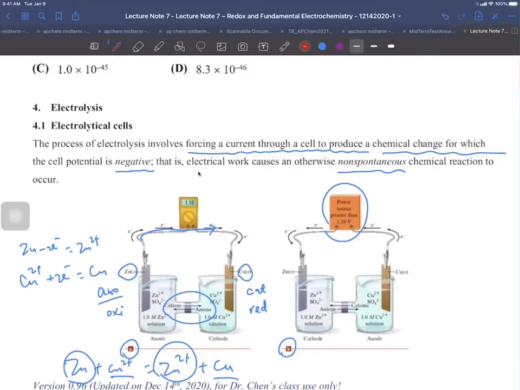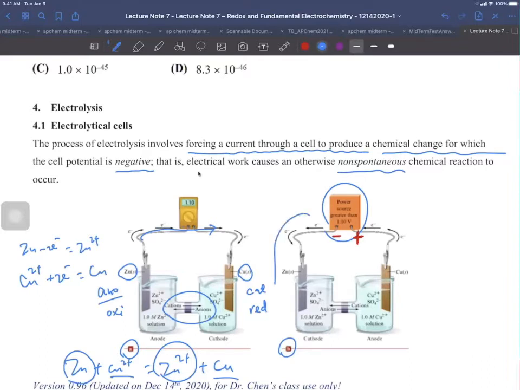In physics, we define the current as always moving from the positive side to the negative side. Which means the electrons will move from the negative side to the positive side. So here is the negative side, here is the positive side, right?